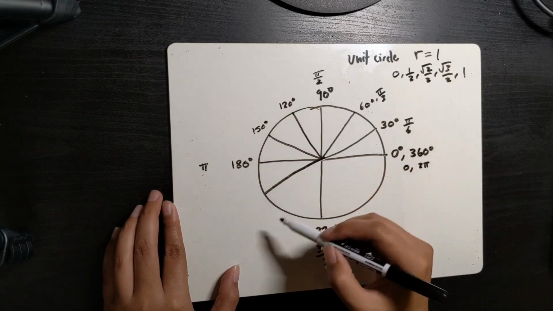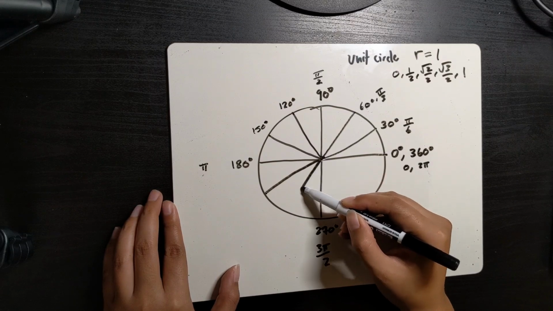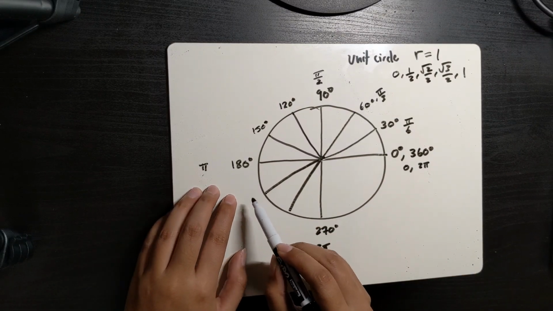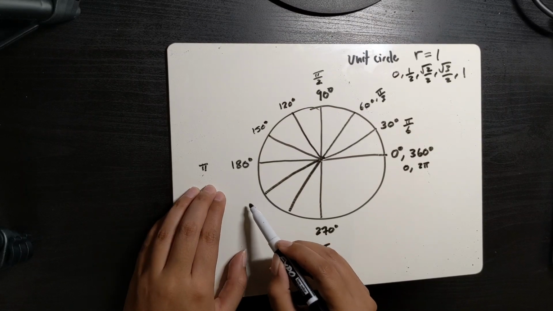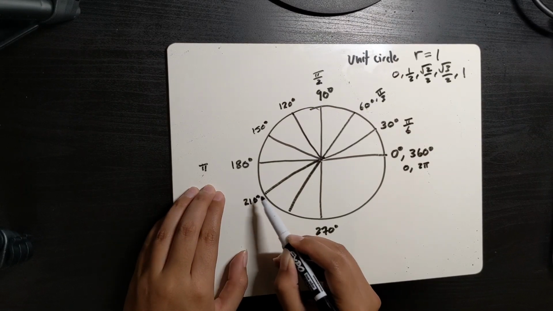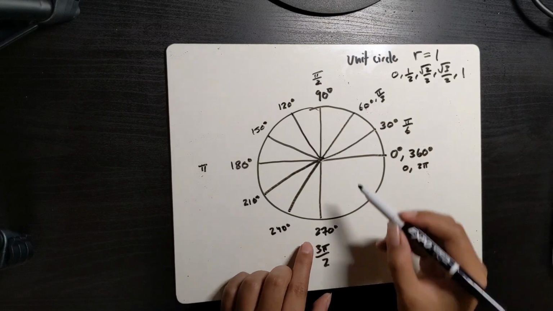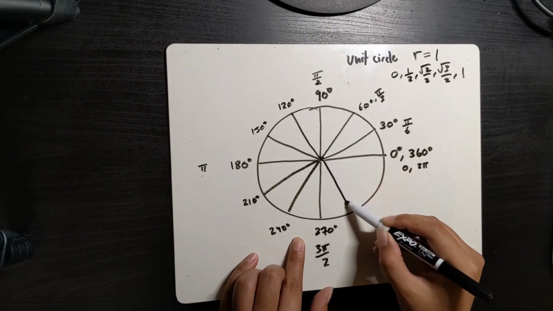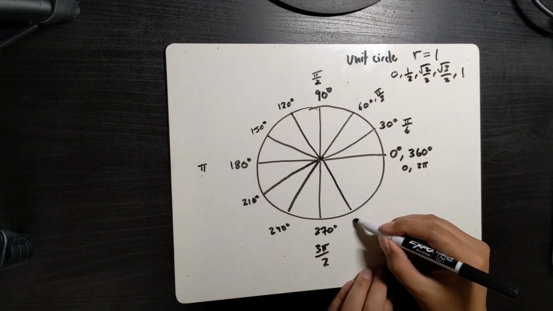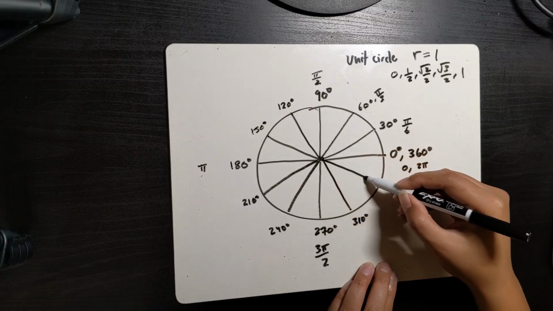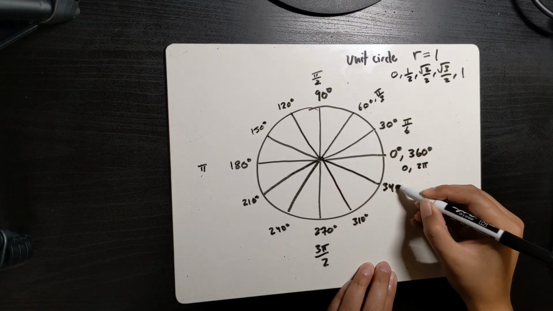We continue to slice this piece of pie equally. So we add another 30 to 180, becomes 210, 240, 270, 310, and 340.